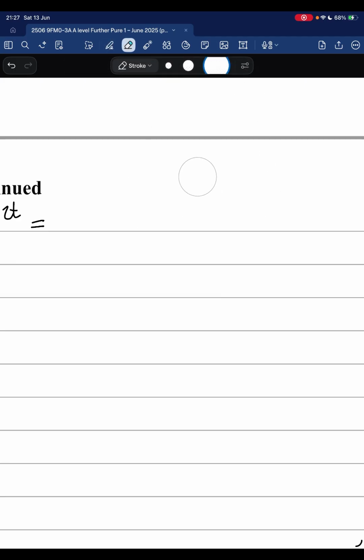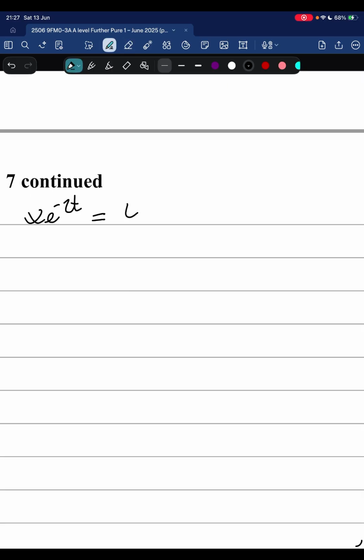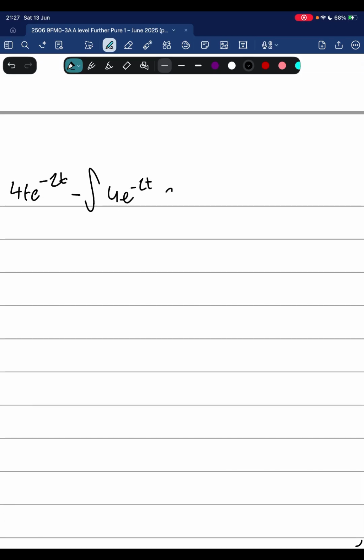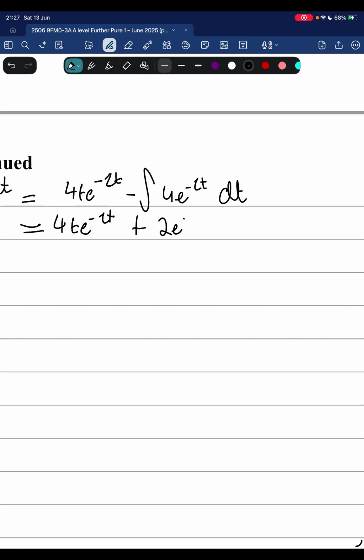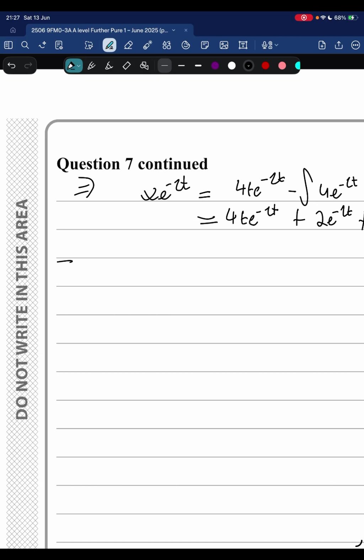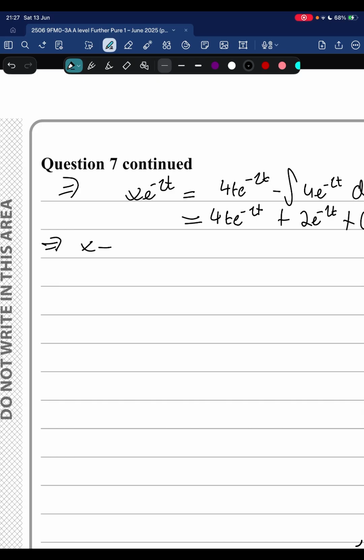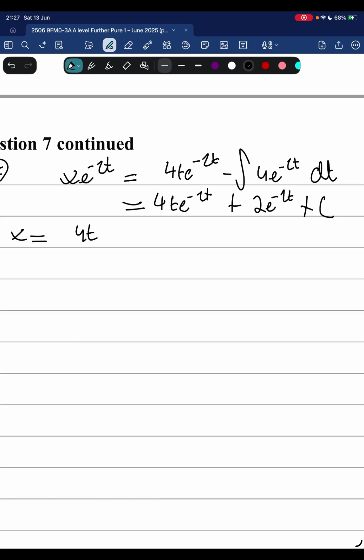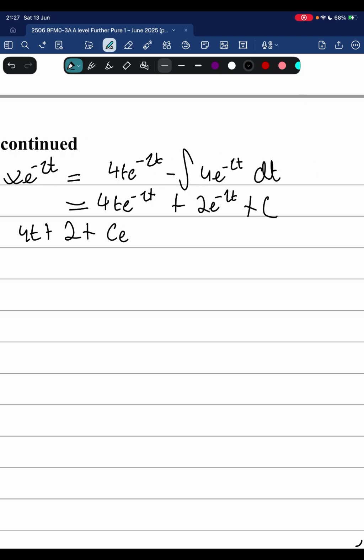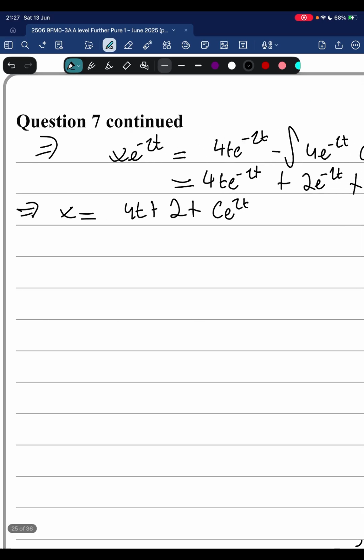So that's going to be equal to 4t e to the minus 2t minus the integral of 4e to the minus 2t dt. And that is going to be equal to 4t e to the minus 2t plus 2e to the minus 2t plus c. So that implies that x is going to be equal to 4t plus 2 plus c e to the 2t.